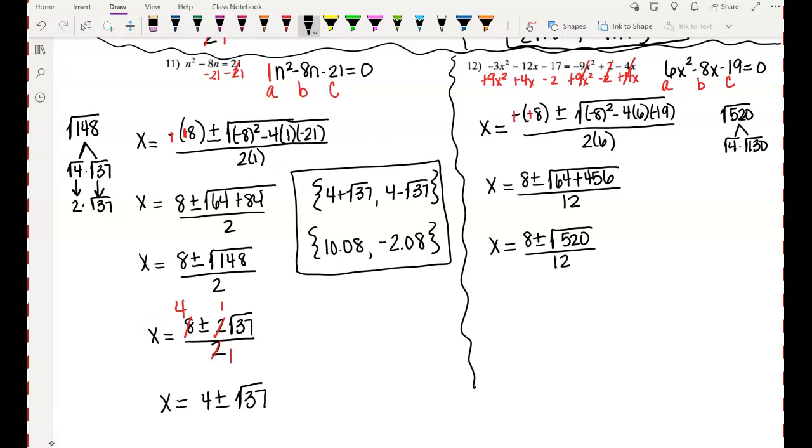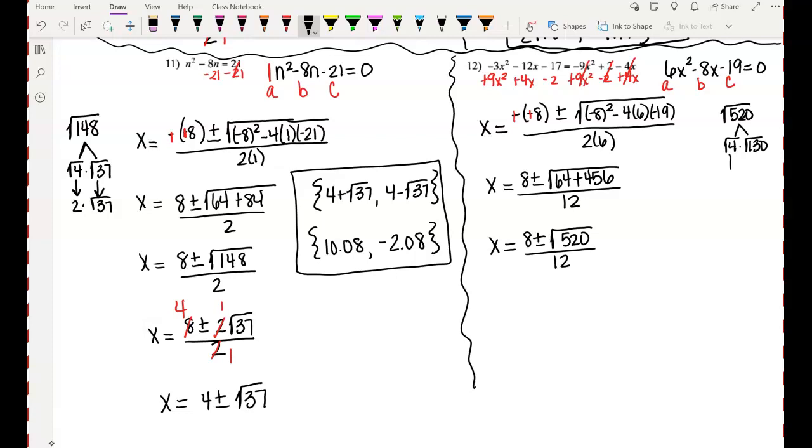I know it's not divisible by 25. It's not divisible by 36. So when I'm checking for all my other perfect squares here, I'm not finding anything else that goes into 130.